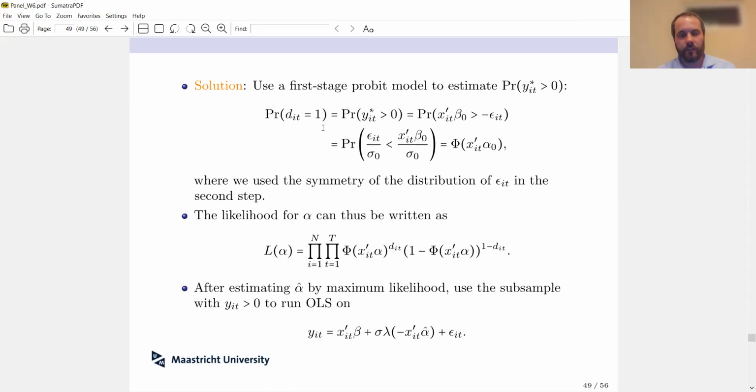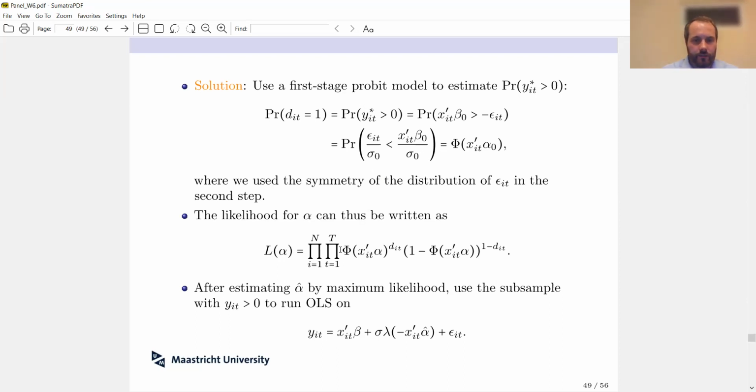DIT was 1 precisely when YIT was bigger than 0. By definition, this is really just plugging in the definitions, and this is the usual way we arrive at the probit model. Really nothing fancy here.